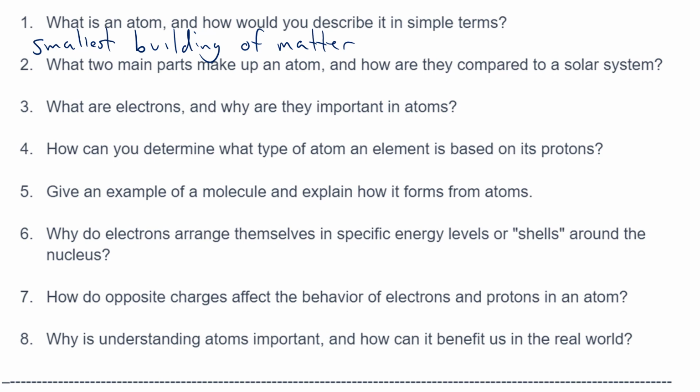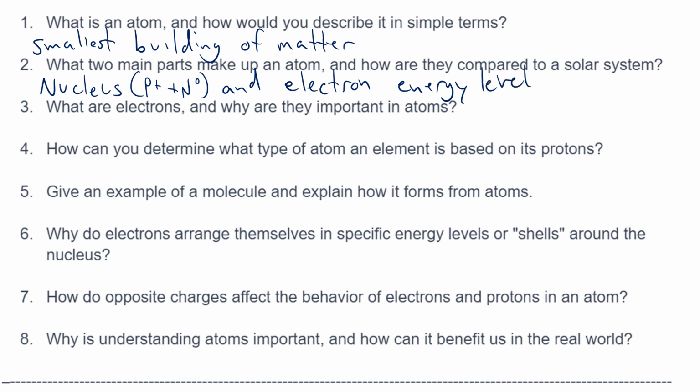The 2 parts that make up an atom are the nucleus, and remember that all the mass is in the nucleus, and that's going to be your protons plus your neutrons, and your electron energy levels. What are electrons and why are they important in atoms?